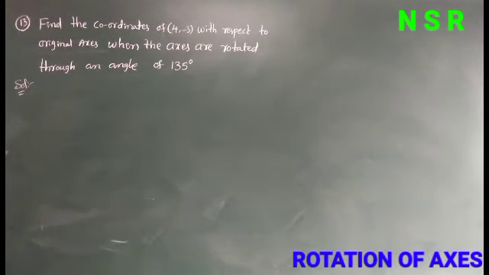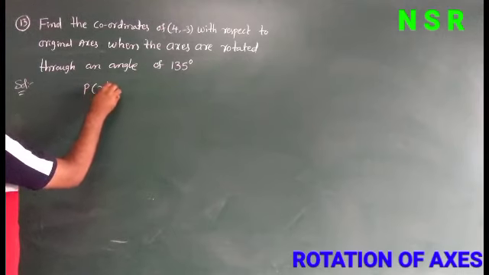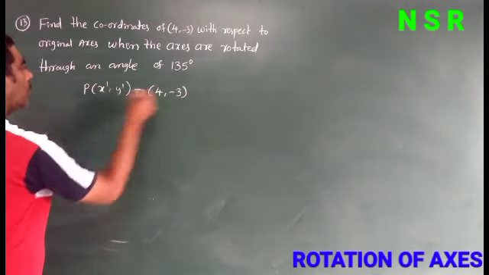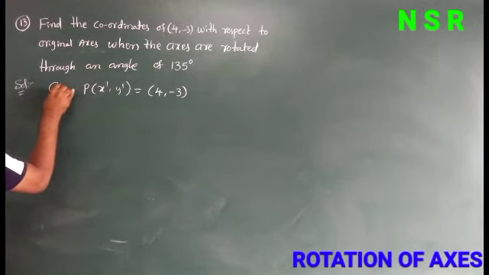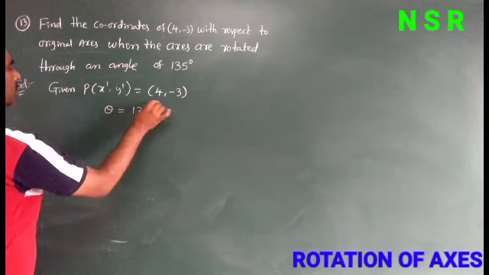So next question: find the coordinates of (4, −3) with respect to the original axis. Here the given point is P(x', y') = (4, −3) and the given theta value is 135 degrees.